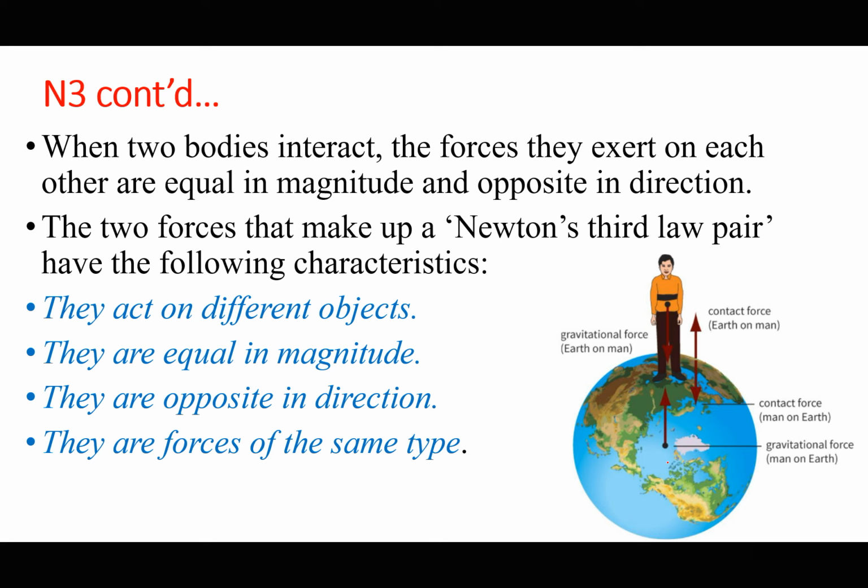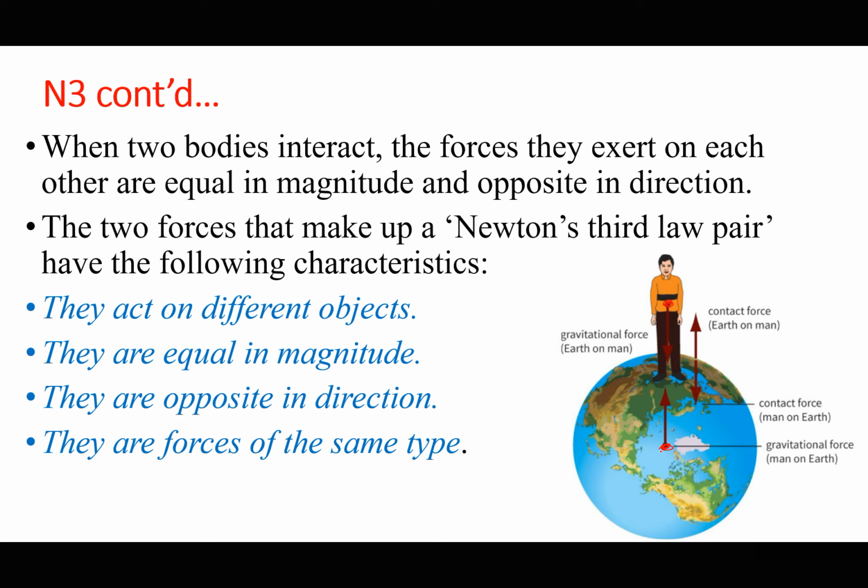The other force which would constitute the Newton's third law pair would therefore be your pull on the Earth, which originates from the center of the Earth. In other words, that is the weight of the Earth on you. So the two forces which constitute Newton's third law would be the gravitational force, or the pull of gravity on you, which acts at your center of gravity, and your pull on the Earth, which acts at the center of gravity of the Earth.